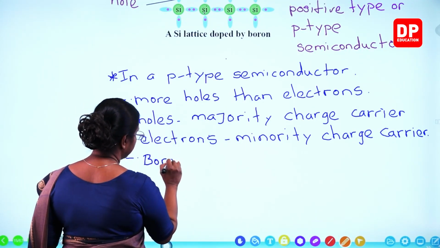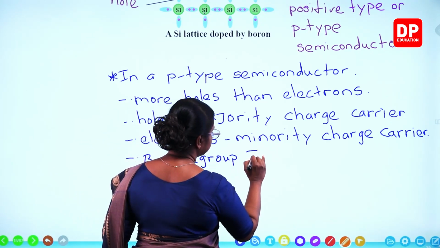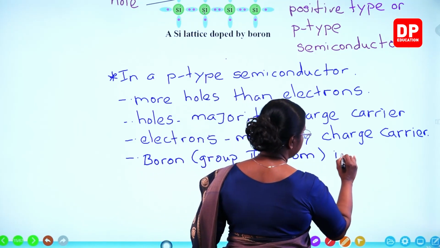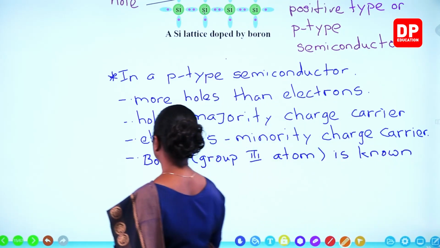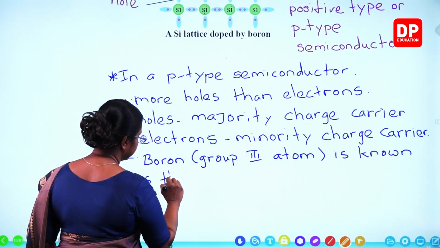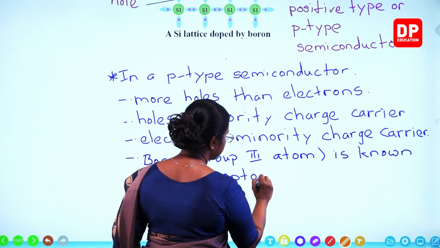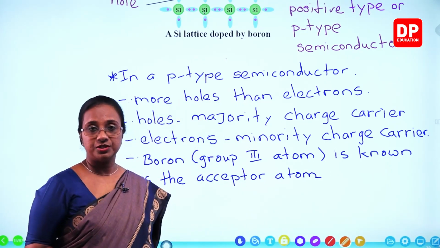Boron, that is a group 3 atom, is known as the acceptor atom. Is that clear, students?